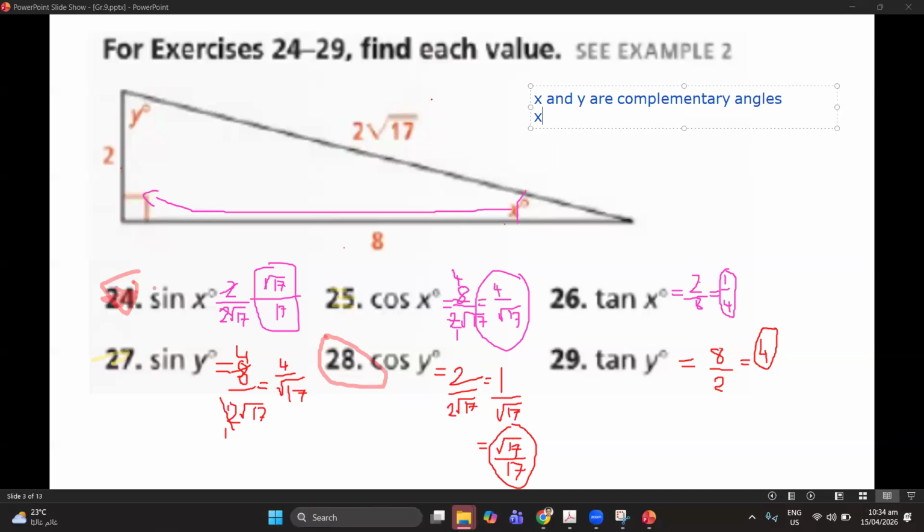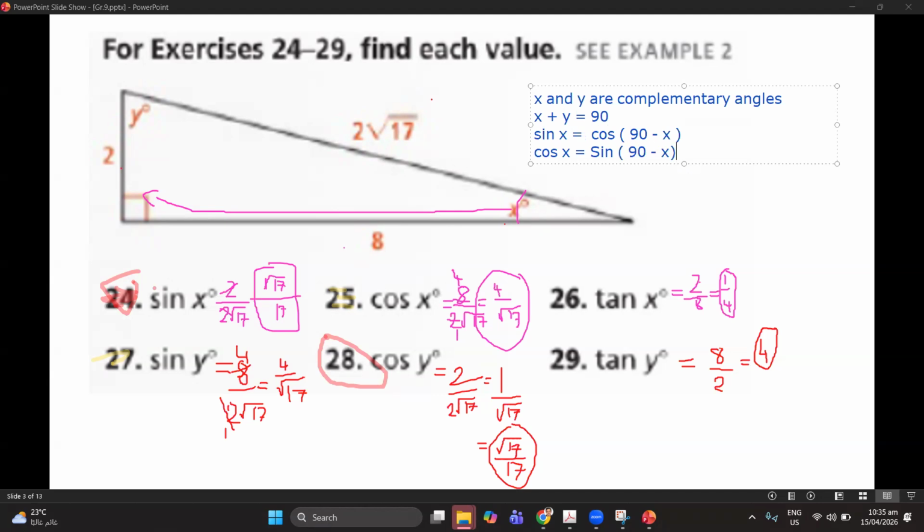So angle X plus angle Y equals 90. What's going to be the conclusion now? That sine of X is the same as cosine of 90 minus X, and cosine of X is equal to sine of 90 minus X.